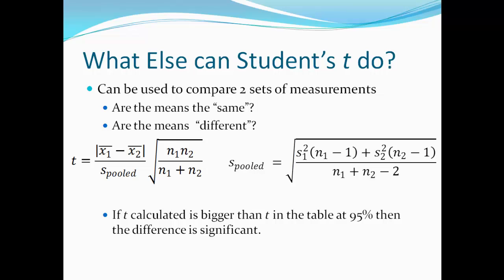Well, if the t that you calculate is bigger than the t that's in the table at 95%, it has to be at 95%, then the difference is significant. So that means that the means are not the same, and you should be wary of comparing those two data sets. Do you guys remember the F test?